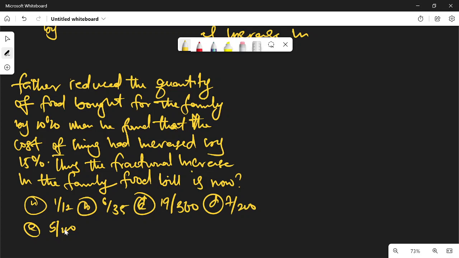So the question is, Father reduced the quantity of food bought for the family by 10% when he found that the cost of living had increased by 15%.